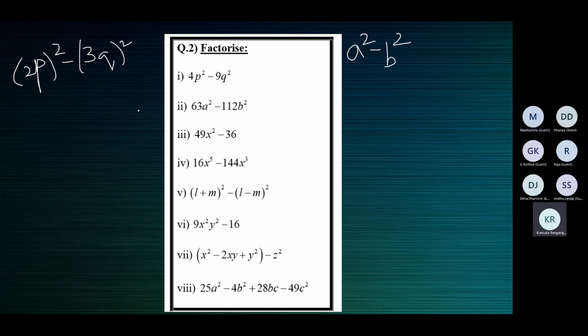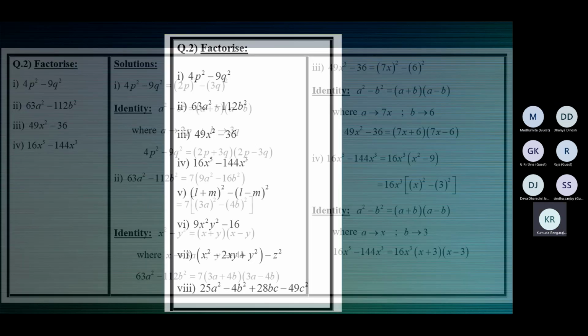So the given question is of the form a square minus b square. So the answer is a plus b into a minus b. What is a? 2p. And b? 3q. A plus b, 2p plus 3q, into 2p minus 3q.